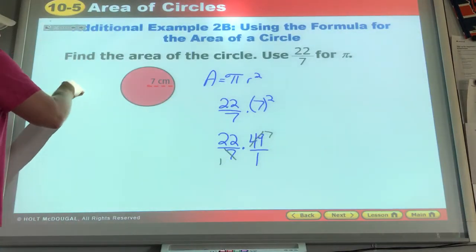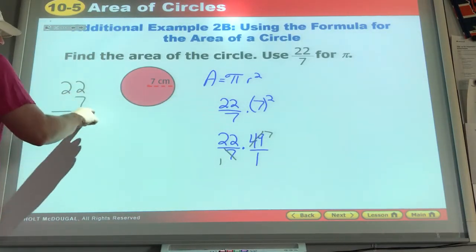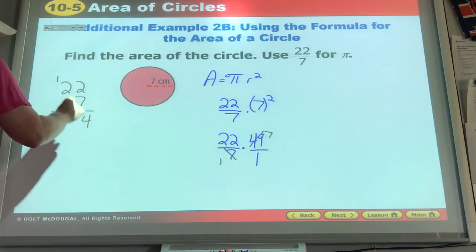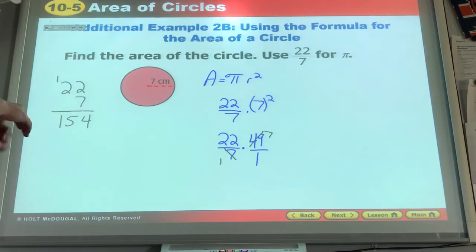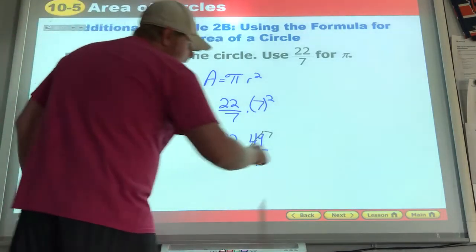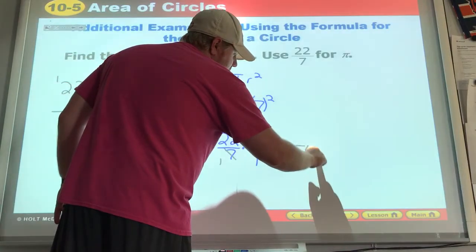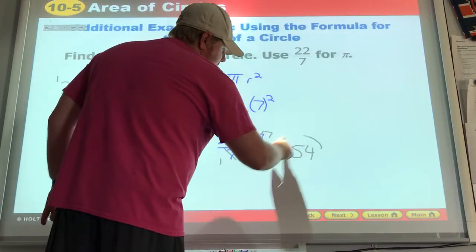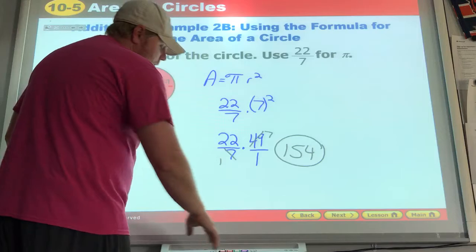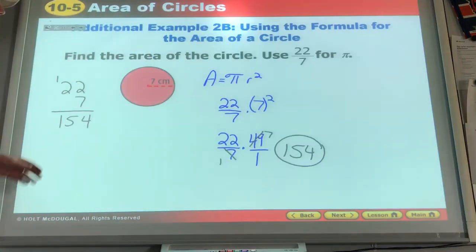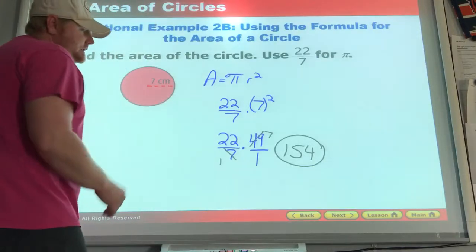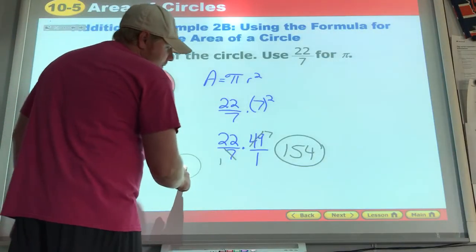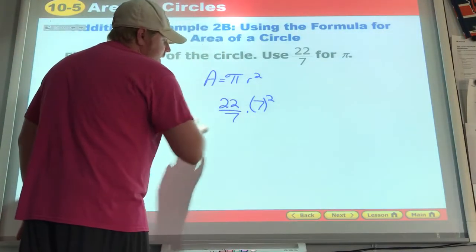So then we simply do our 22 times our 7, and we get 154. 154 is our answer, and that would be centimeters squared. Okay. The black here is the reducing of fractions. As long as you do the same to the top and the bottom, you can reduce fractions like that.